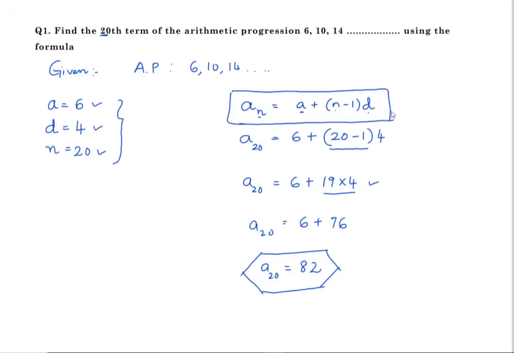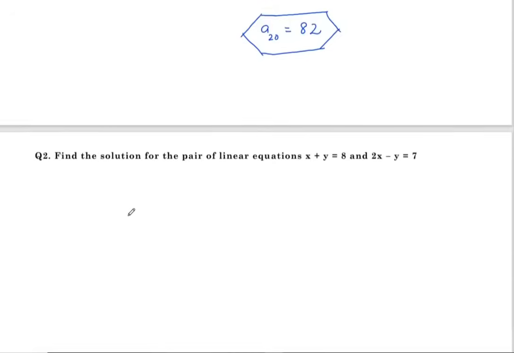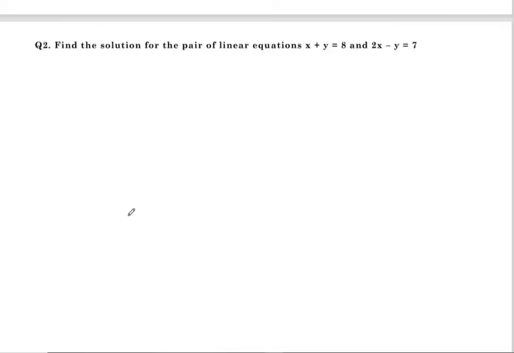Students, hopefully you have learnt finding the nth term of the given arithmetic progression. Very simple question for 2 marks. The values or the terms will be changed in the exam. Moving to the next question.